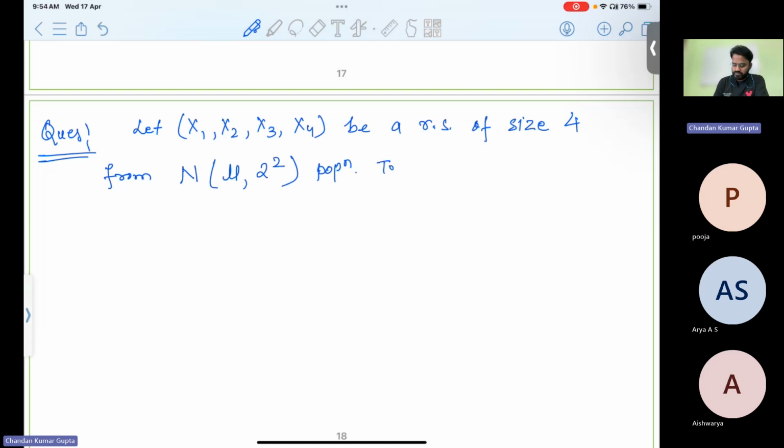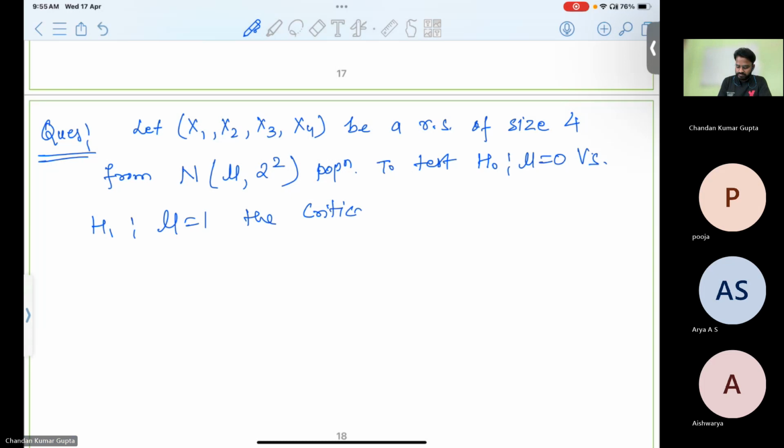To test H naught such that mu equal to 0 against H1 such that mu equal to 1, the critical region is defined like this: X bar greater than 0. The critical region is also called the region of rejection. Then find the size of the test.